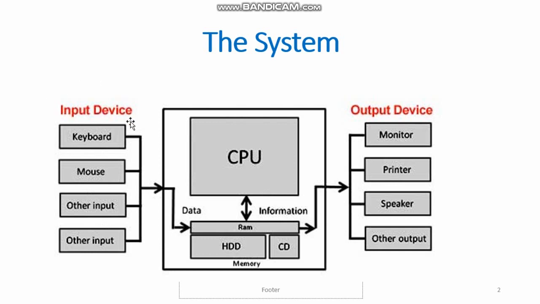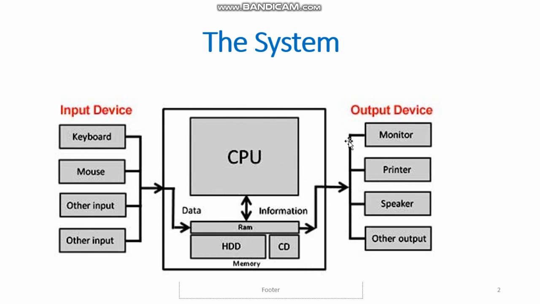We know the input unit, then we have a processing unit, and an output unit. Of course, here there are some examples for input devices. I'm sure there are many devices that we use. Keyboard and mouse are basics, camera etc. come as input devices. Then of course you have a processing unit, we'll come into it a little later.